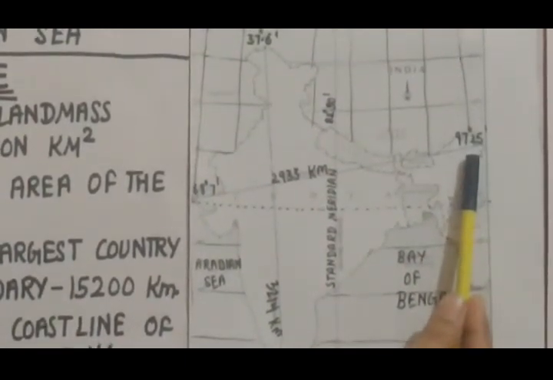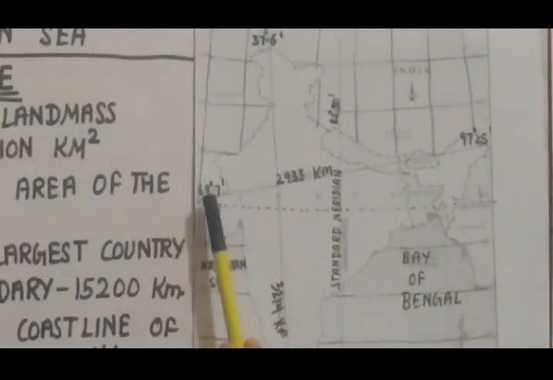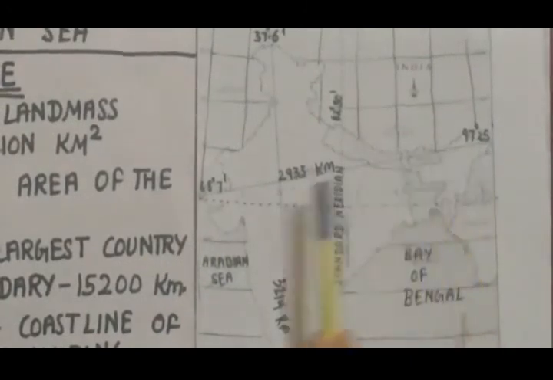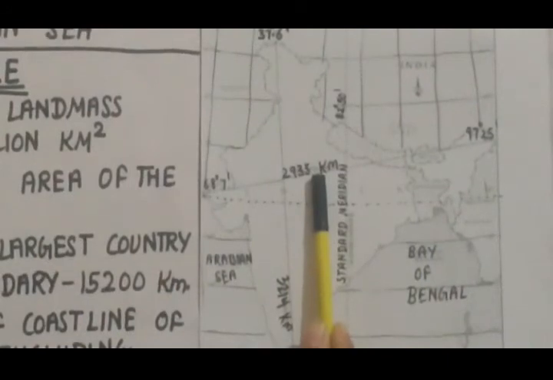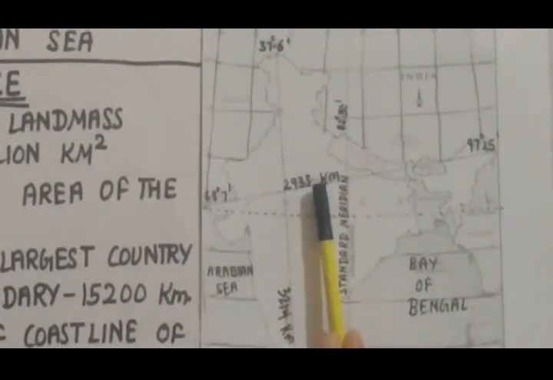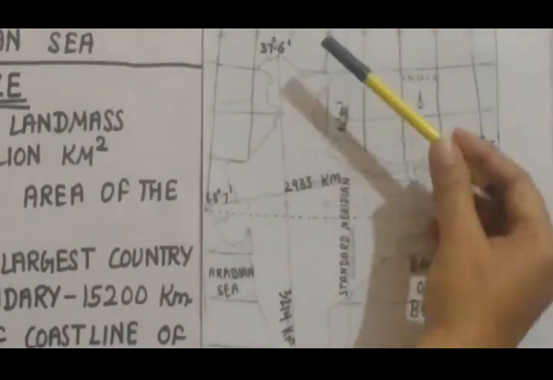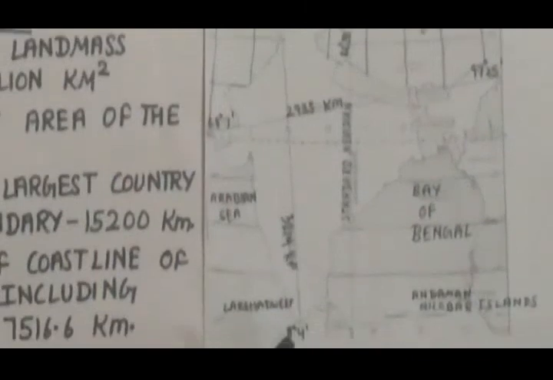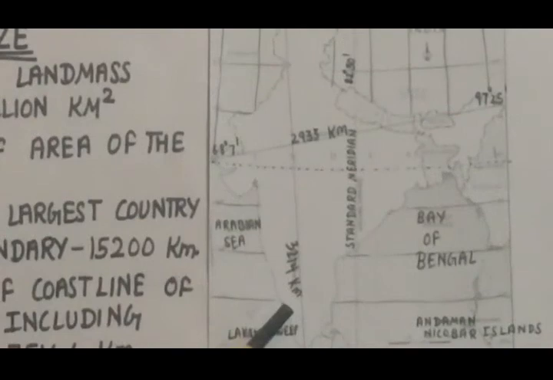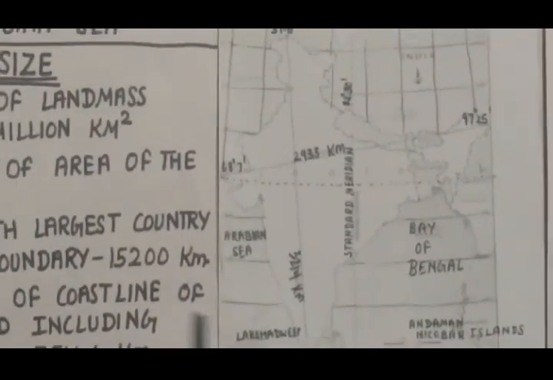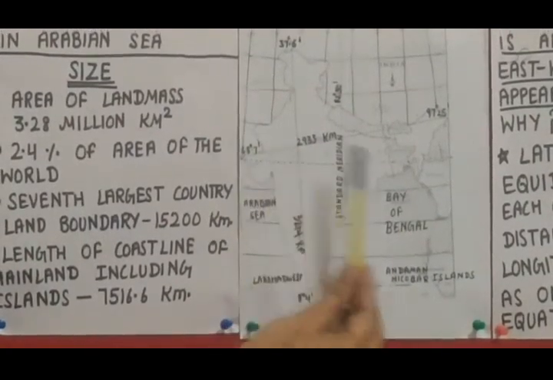If you see the difference, the east-west extent of the country is 2933 kilometer. In the same way, the north-south extent is 3214 kilometer.